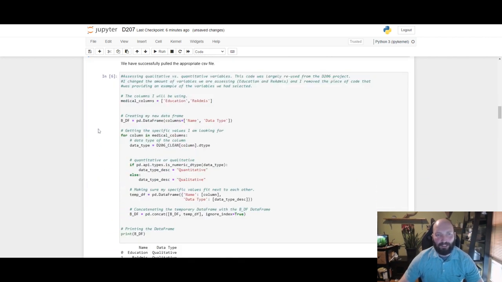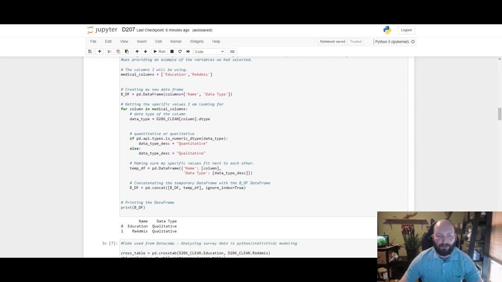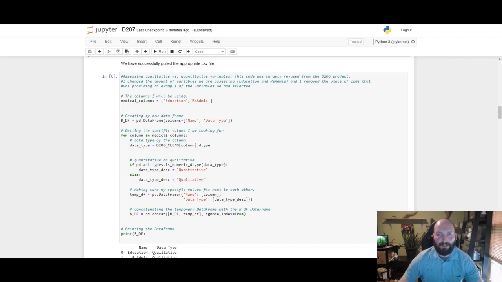To verify that what I've chosen are categorical or qualitative, I'm reusing code from D206. I just took out the line of code that is pulling out just an example from each column. I'm just looking specifically at education and readmissions.